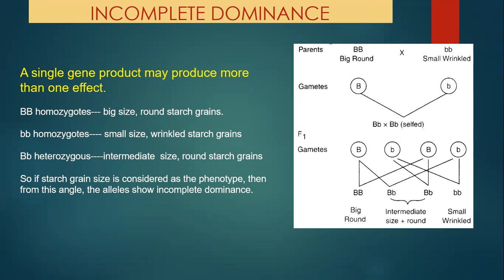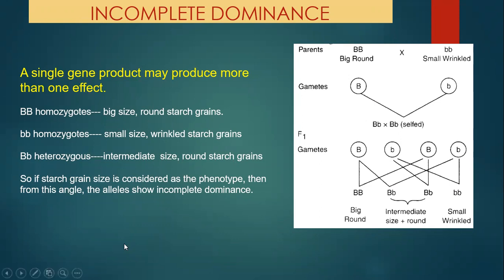But here there are examples where a single gene, that is, the product of a single gene, may produce more than one effect. That means there is only one gene.